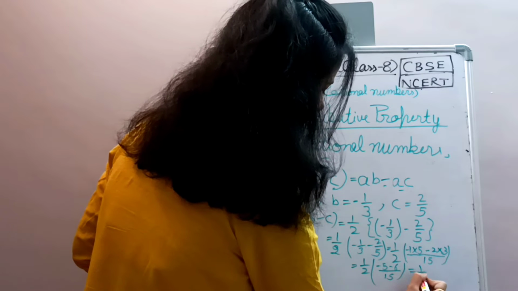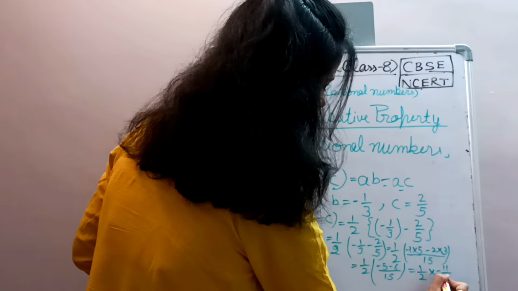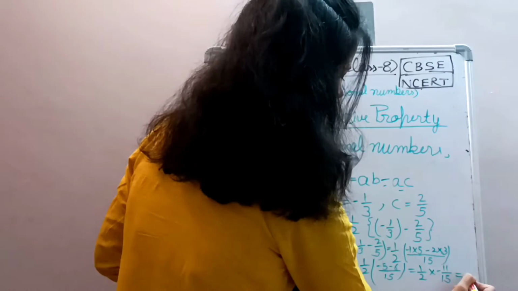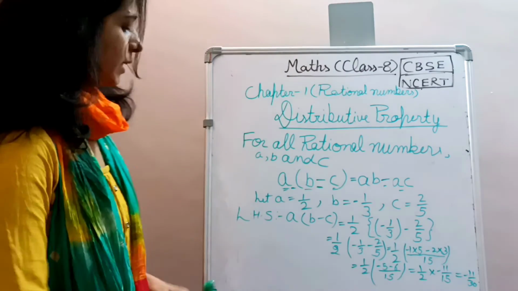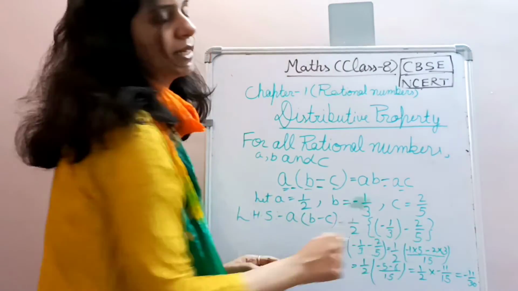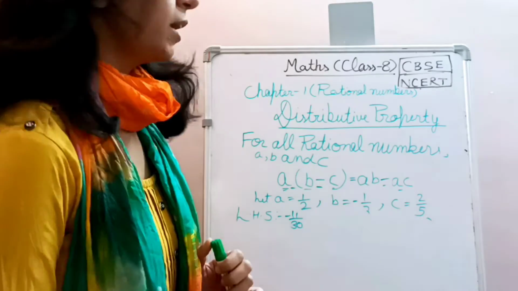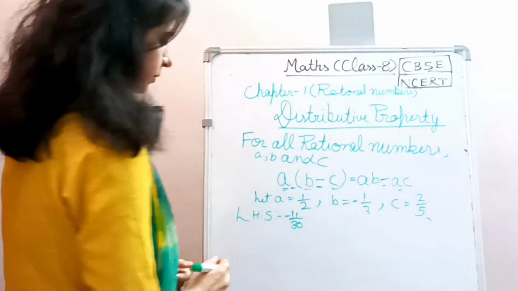So 1 upon 2 into minus 11 upon 15, which is minus 11 upon 30. Here left hand side is equal to minus 11 upon 30.